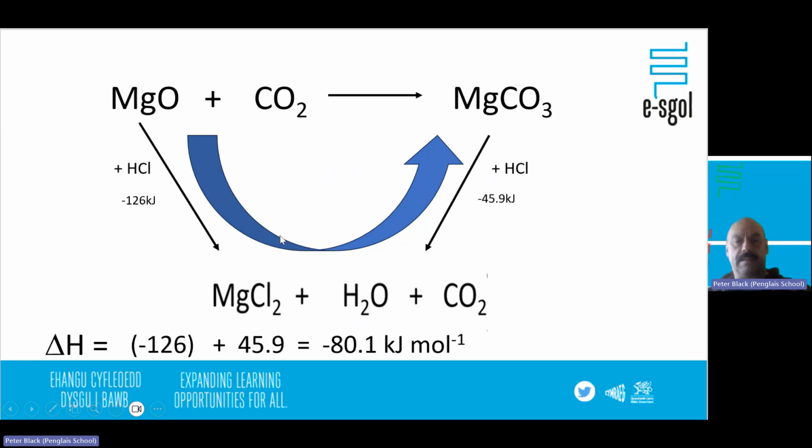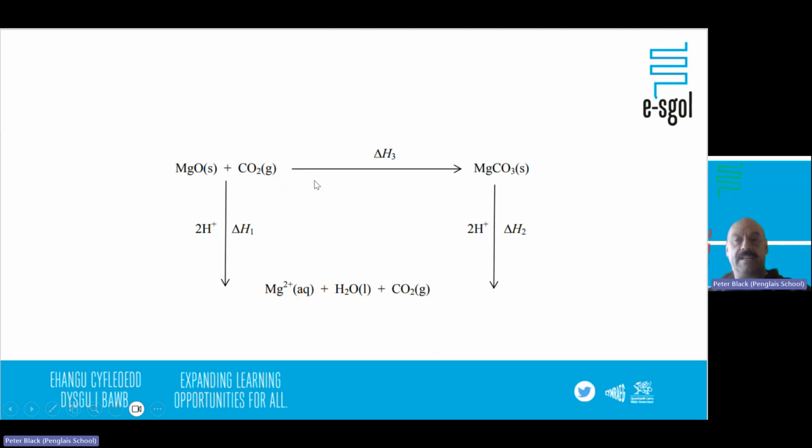So if you have a look at our ΔH, you can see minus 126 plus 45.9, because we're going against the arrow, and that gives us an enthalpy change for the reaction of minus 80.1 kilojoules per mole. So there's your Hess cycle constructed. Just download that off the internet as a little extra.